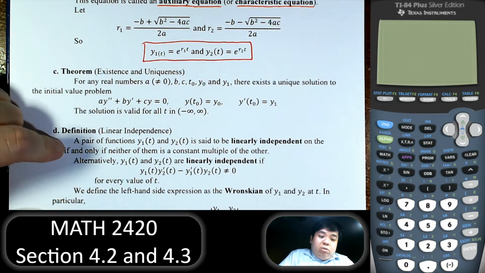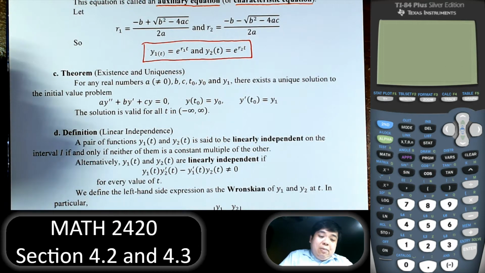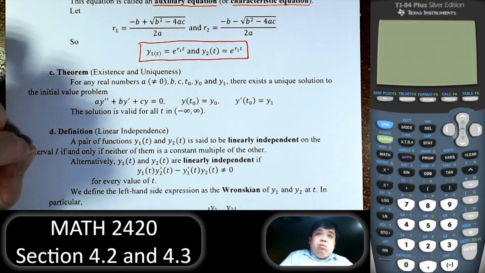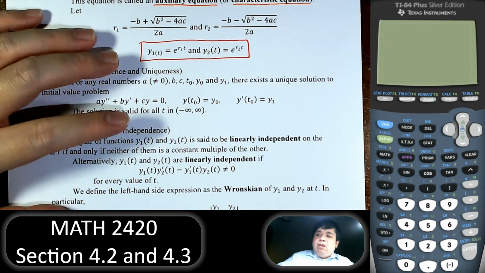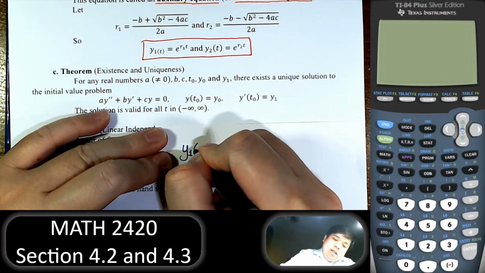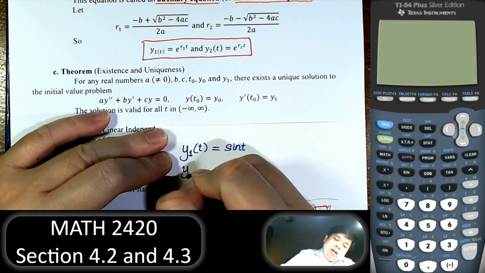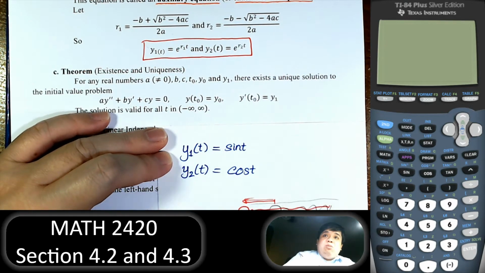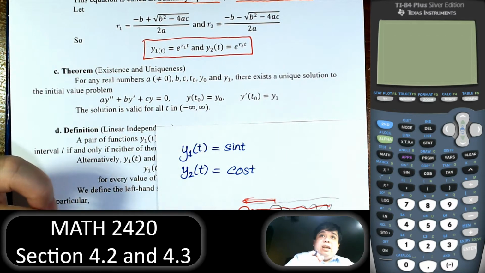A pair of functions y1 of t, y2 of t is said to be linearly independent on the interval I if neither of them is a constant multiple of the other. Sounds simple enough. For example, if y1 of t is equal to sine of t and y2 of t is equal to cosine of t, they are not multiples of each other, so they should be linearly independent.